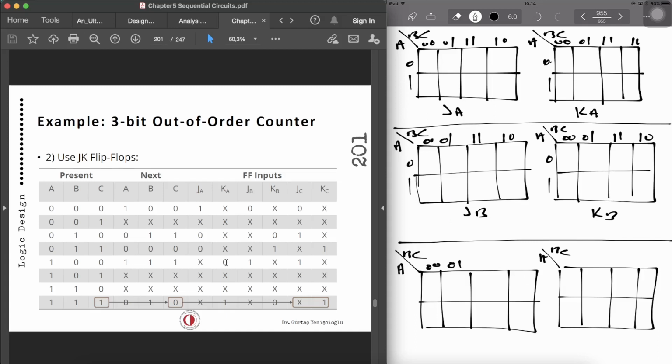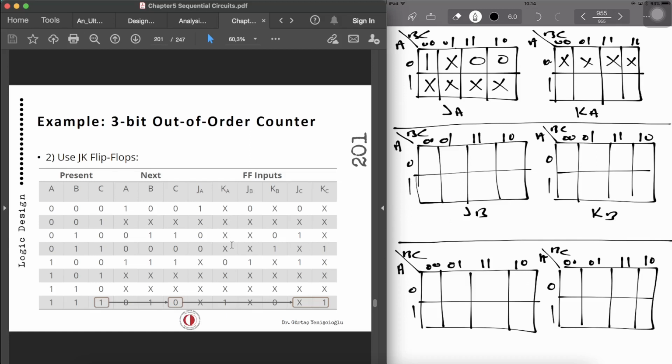0 0 0 1 1 1 1 0 0 1. 0 0 0 1 1 1 1 0. Okay, let's plot those. For JA: 1, x, 0, 0, and then the rest are all x's. Then KA is four x's.